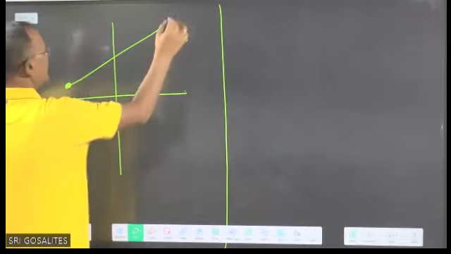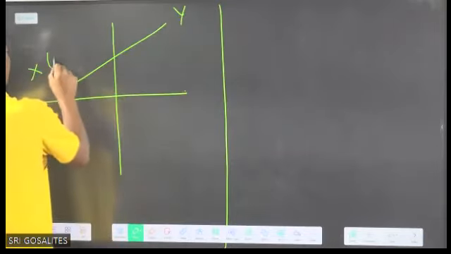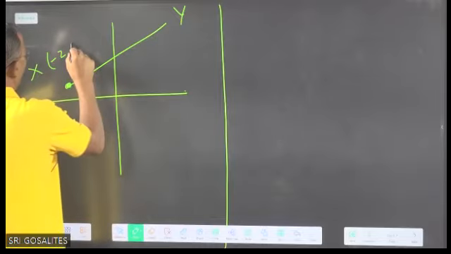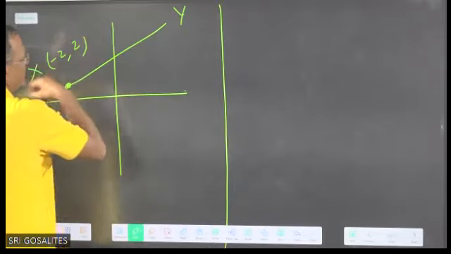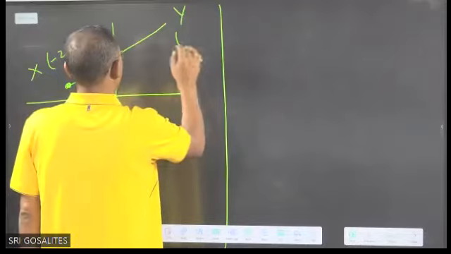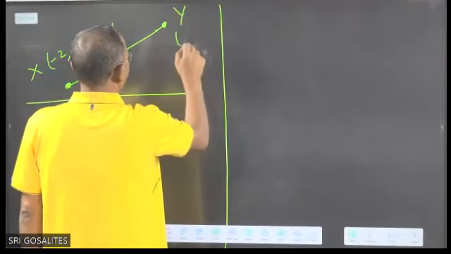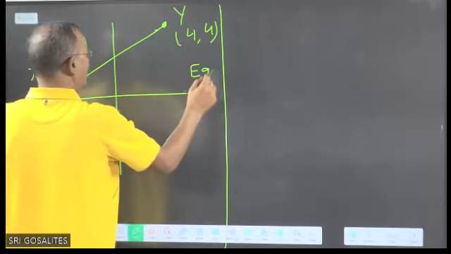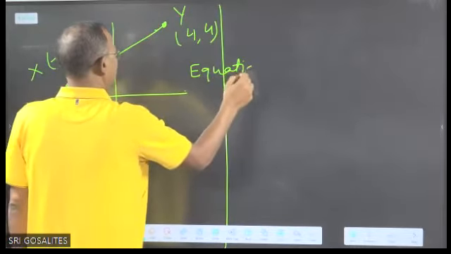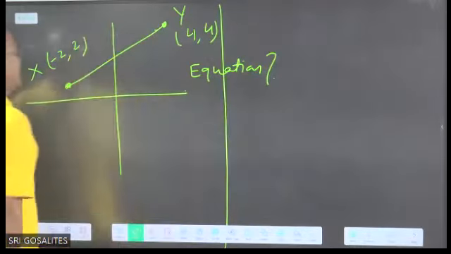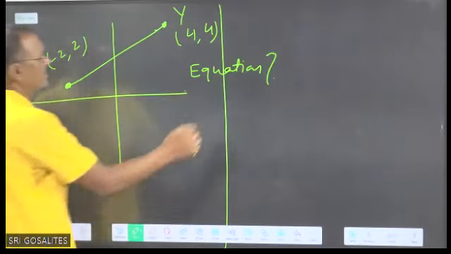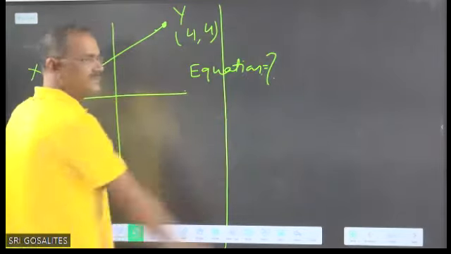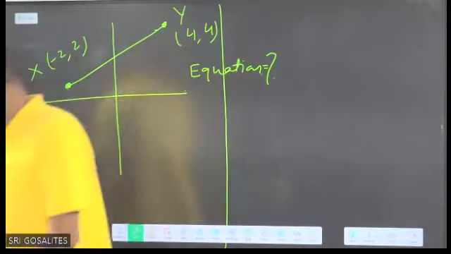X point, y point, -2, 2. This is suppose y point 4, 4. इसका जरा equation बताओ बेटे. What's the equation of this line? Come on. निकालिए.